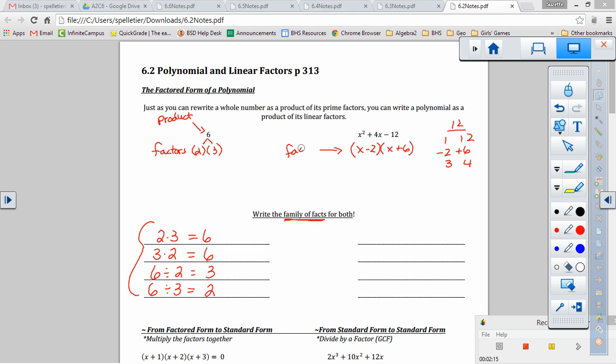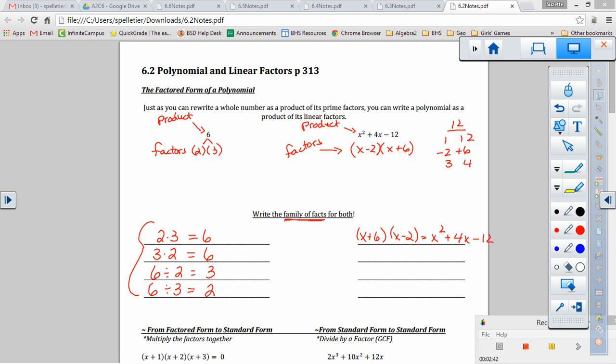Those are the two things that I multiplied together that gave me this product. And so I can treat this just like I can treat my family of facts for the facts of 6. I can say x plus 6 times x minus 2 gave me x squared plus 4x minus 12.